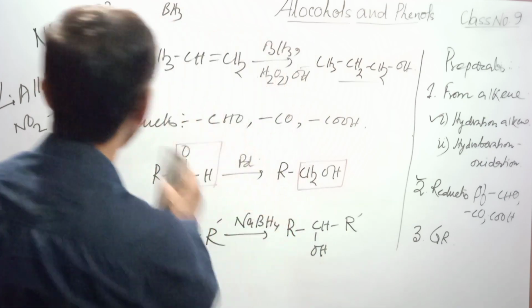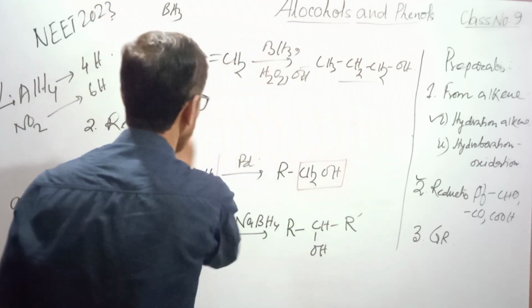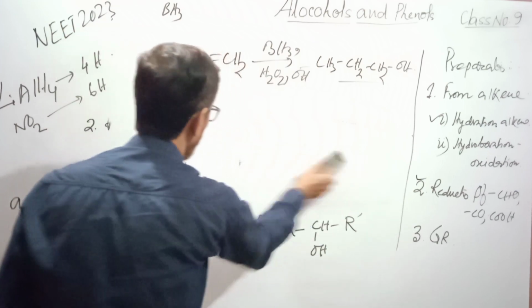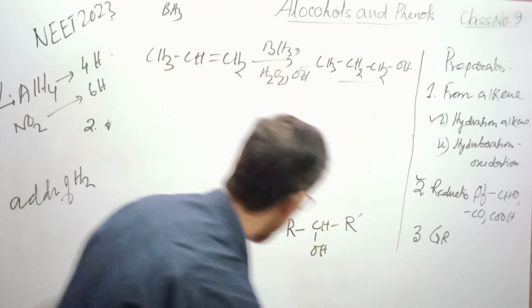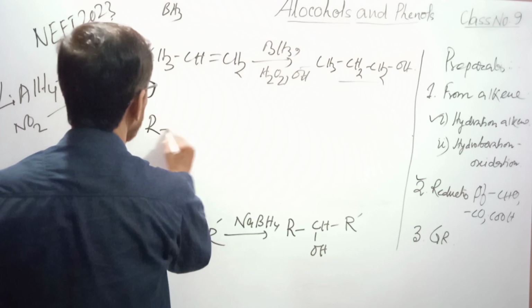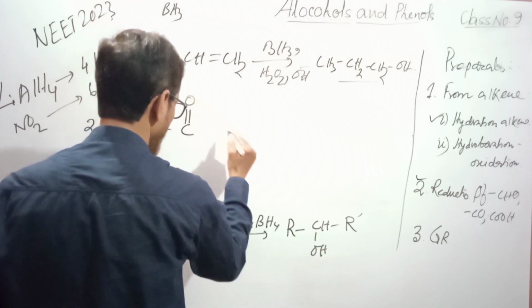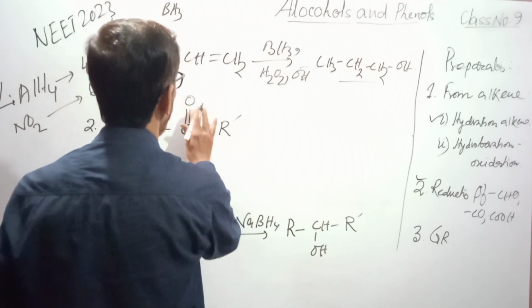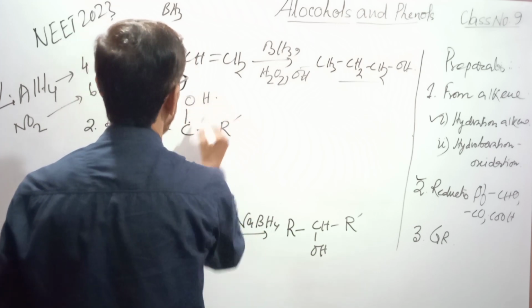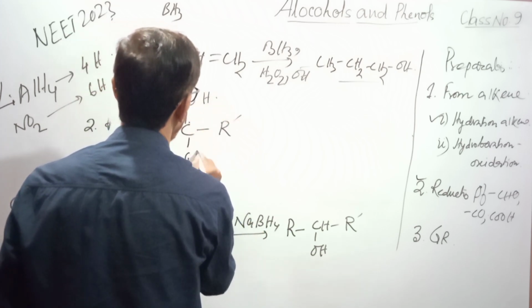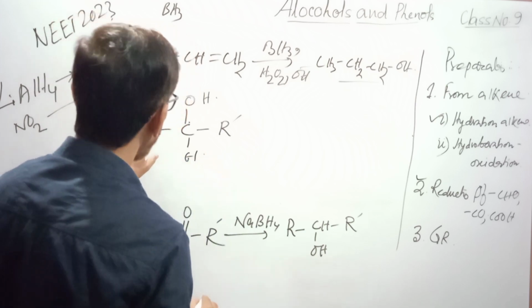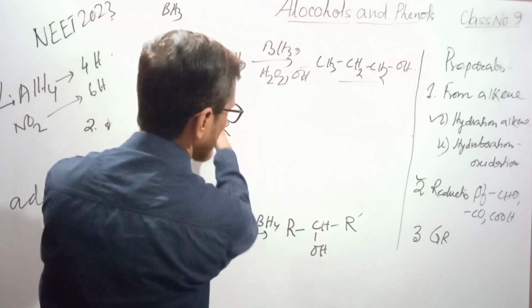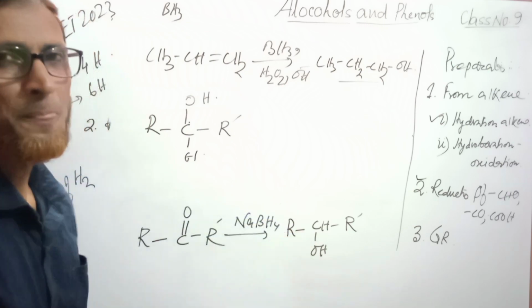The answer is very simple, and we can justify it by a shortcut. Say R-C=O-R'. You are adding one hydrogen here and the other hydrogen here. So are you not getting RCHOH R', a 2 degree alcohol?